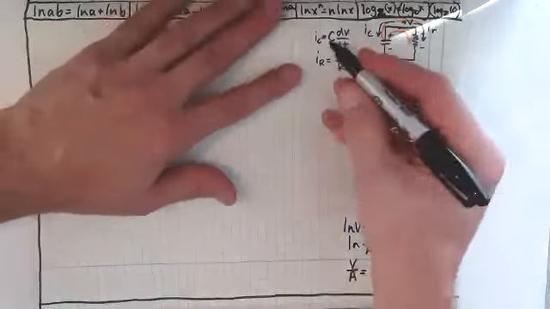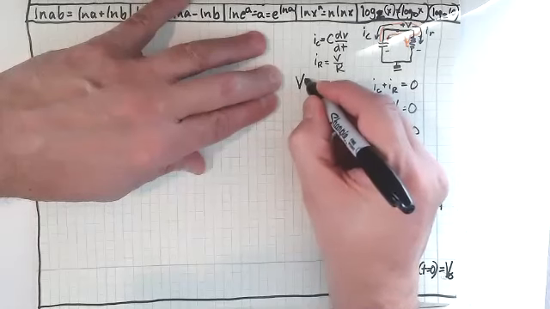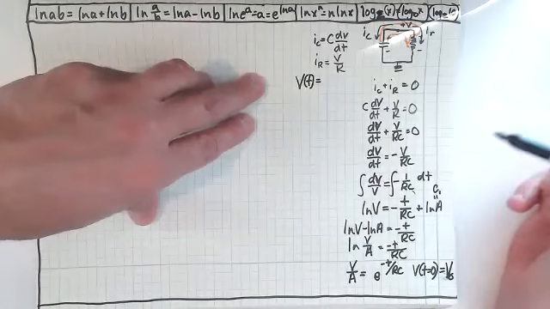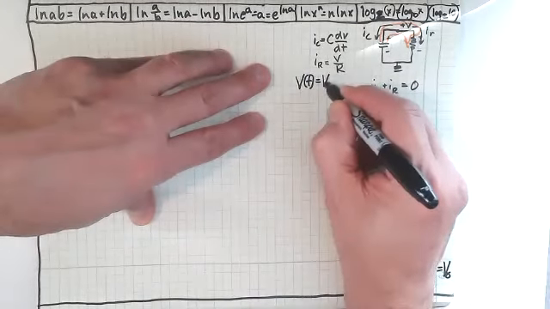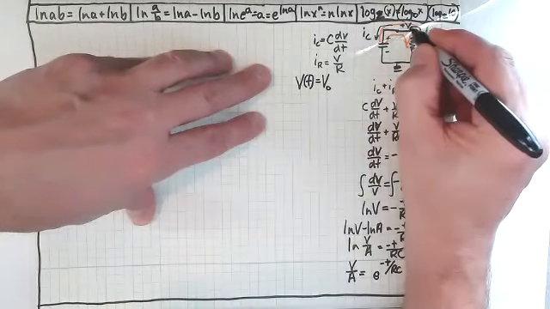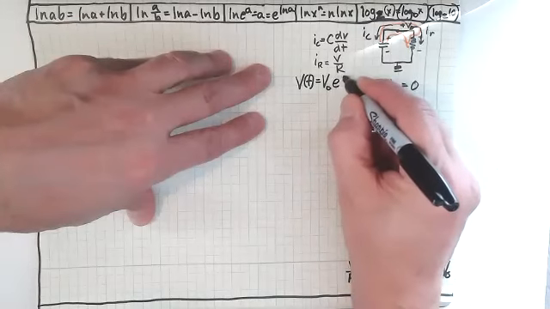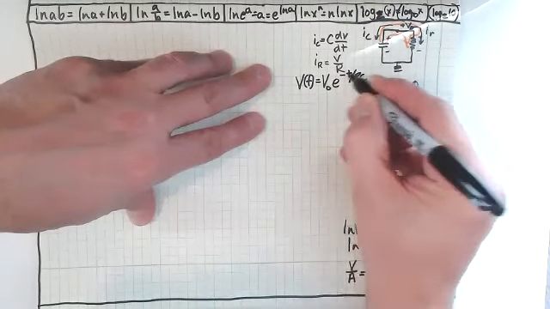So in the end, what we get is that the voltage as a function of time, the voltage decay as a function of time, is going to be the original voltage that we had up there, V sub 0, times e to the minus t over RC.